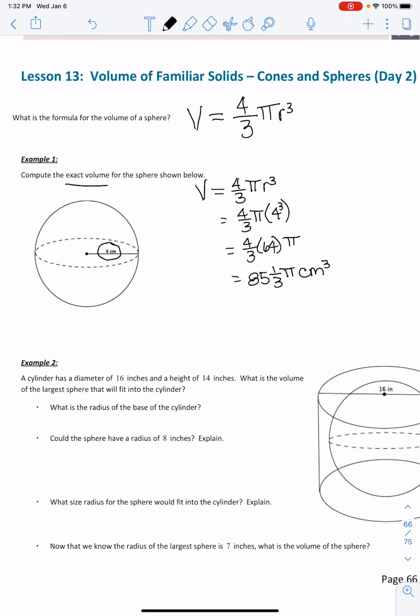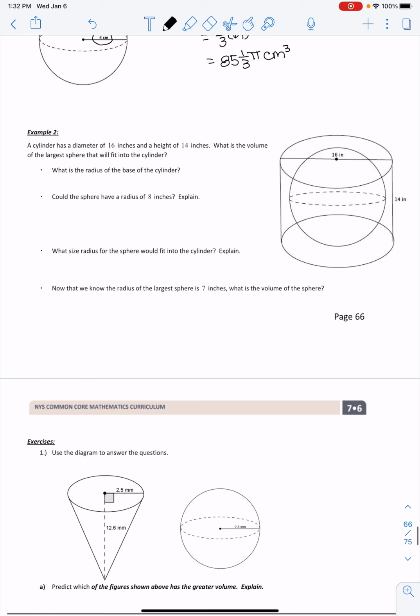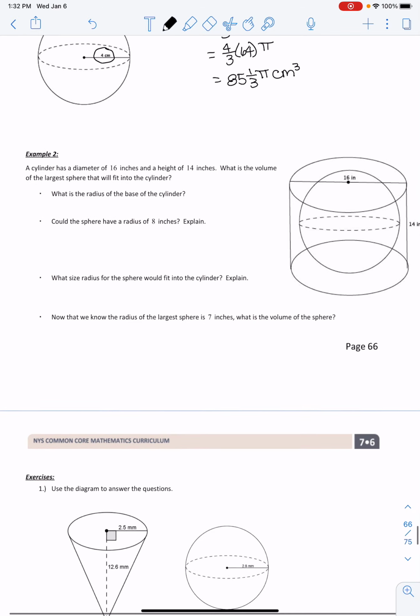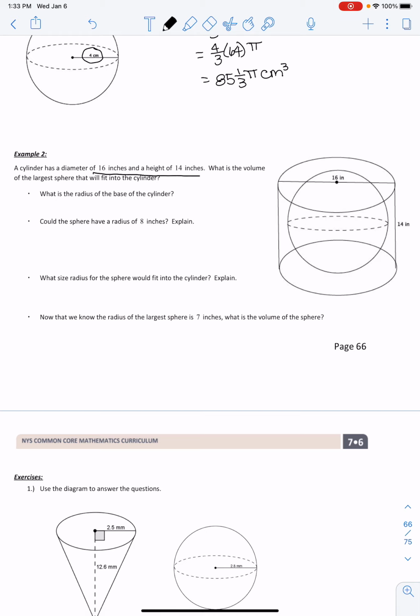And again, I leave this with pi, and I also leave it as a fraction and not using the 0.3 repeating. Okay, so our next example, we have example number 2, and this says a cylinder has a diameter of 16 inches and a height of 14 inches. And we also have this picture. And it says, what is the volume of the largest sphere that will fit into the cylinder?